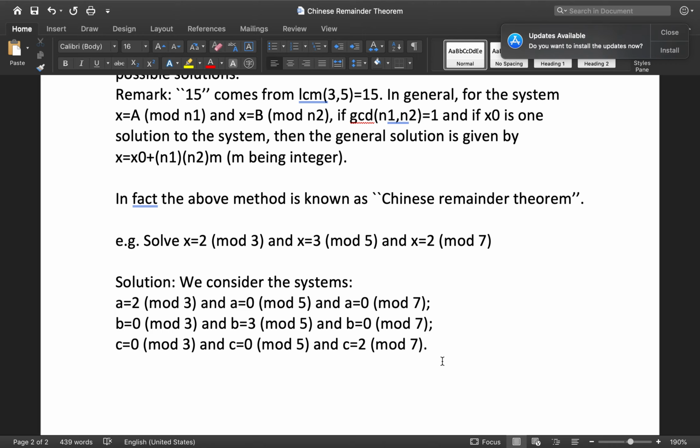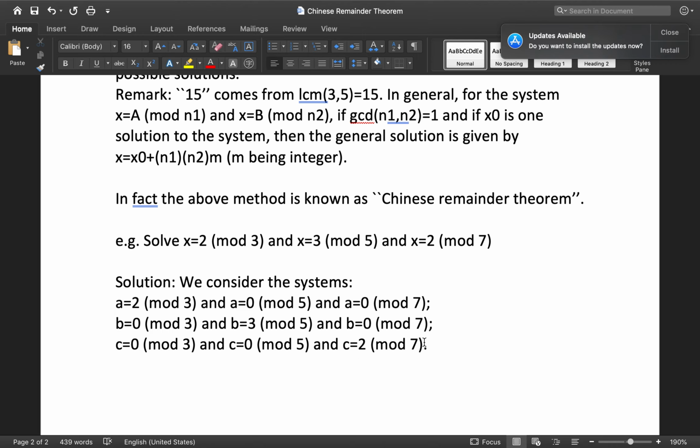So every system has a common equation compared with x, except that the other two equations are congruent to 0. For example, a is congruent to 2 modulo 3, which is the same as the first equation for x, and the other two I take to be 0. And for b, I keep the second one, so that's why you see b congruent to 3 modulo 5. And for c, I keep the last one, so that's why c congruent to 2 modulo 7.